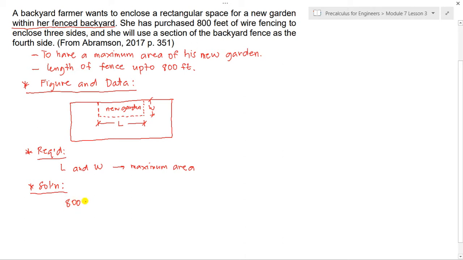So 800 is equal to the length plus the two widths, that is length plus 2w. We can write the length in terms of the width: length is equal to 800 minus twice the width. These are our equations for the first condition. Let's say this is our equation 1.